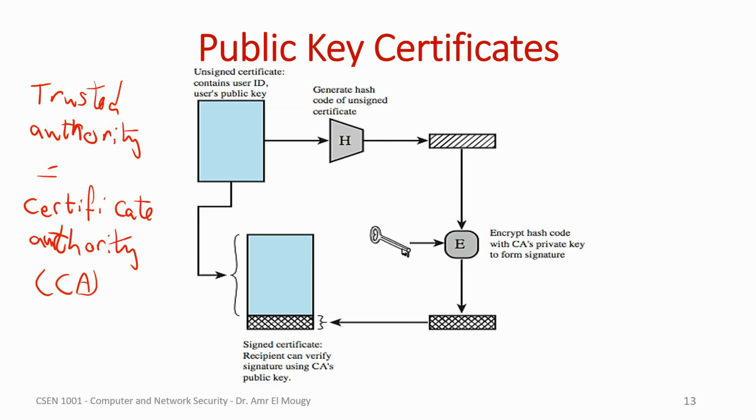Okay, how do they produce this digital signature? They take the certificate and they pass it through something called a hash algorithm. We will study hash algorithms in detail in, I think, 2 lectures, but the purpose of hash algorithms is to produce a digest of the message. They take the message and they produce a fixed size message that is much smaller than the original message.